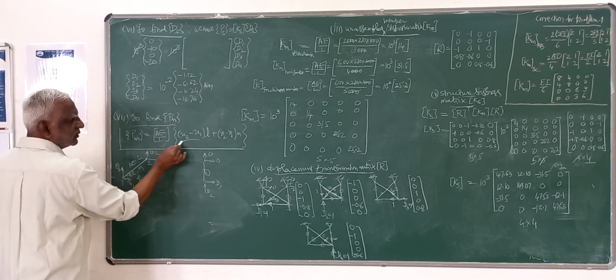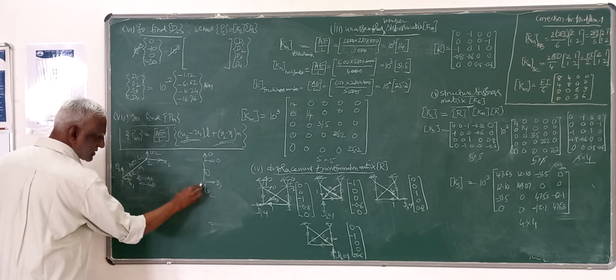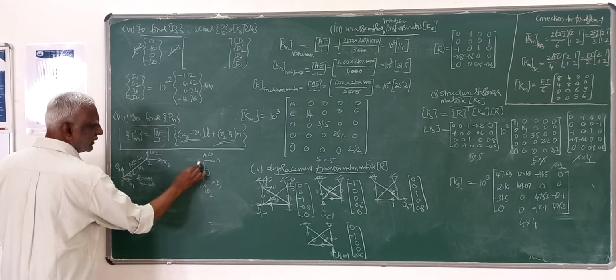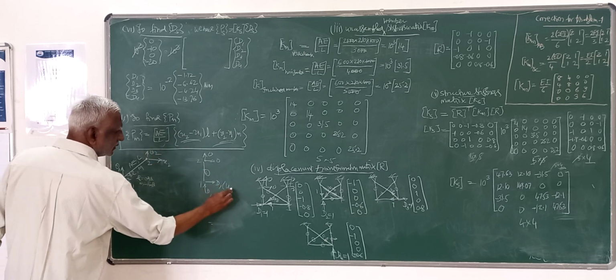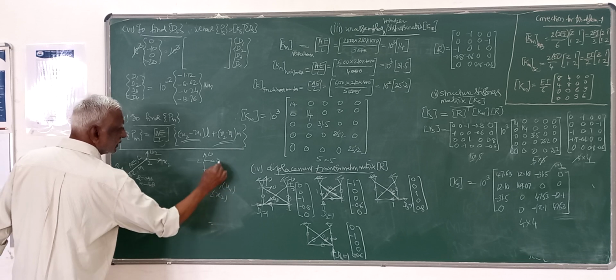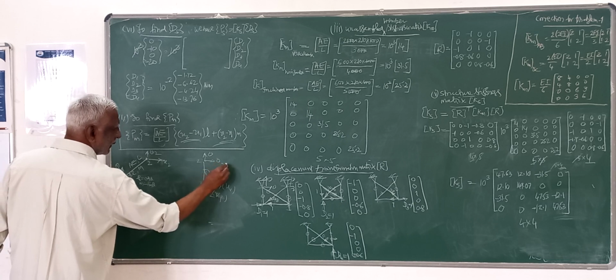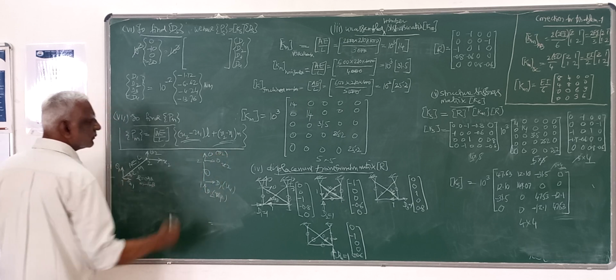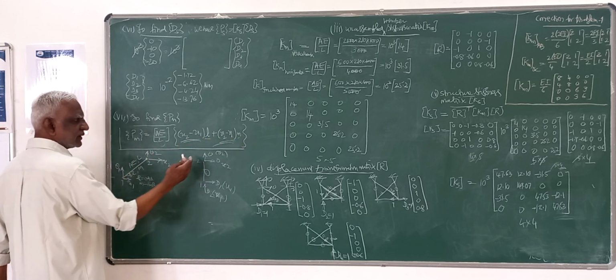The displacements U1, V1 at node 1 and U2, V2 at node 2 are known. N and M are the direction cosines.